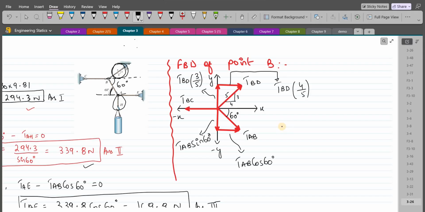Now we can apply our equations of equilibrium. So my first equation is summation of forces in y direction equals to 0. I am considering up direction as positive.